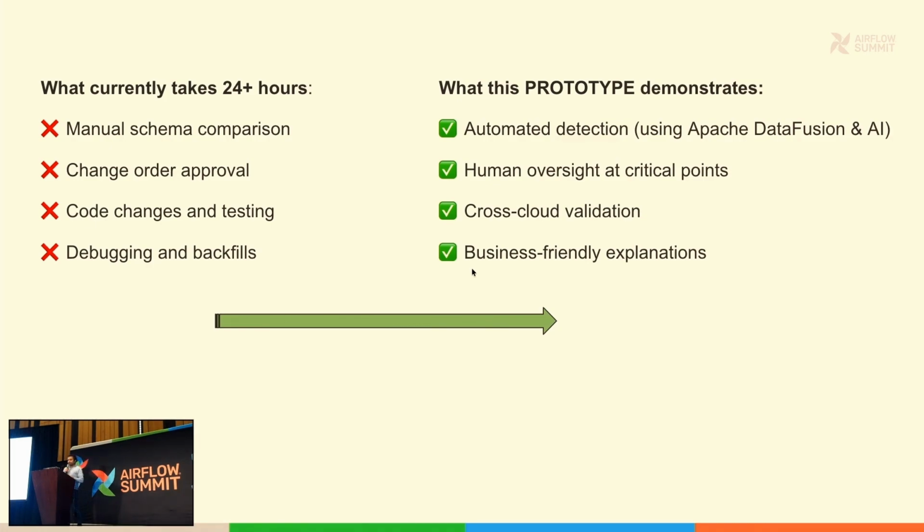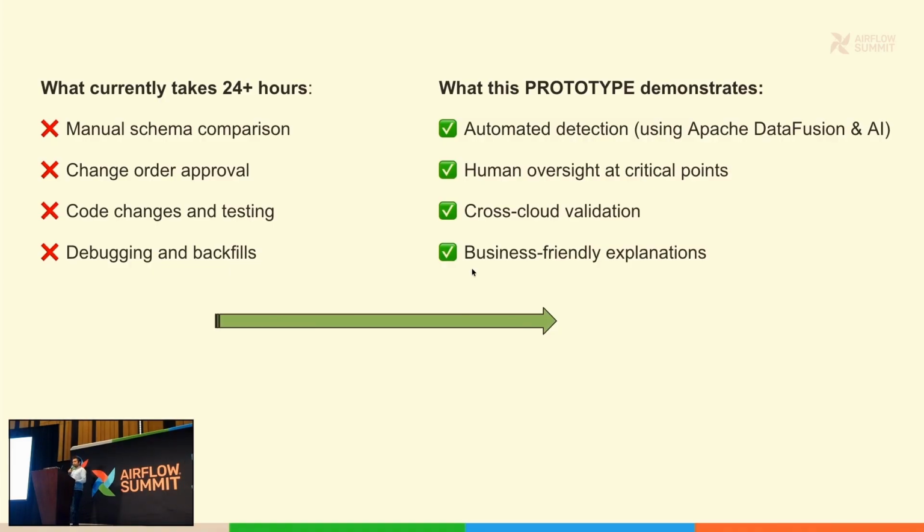What was currently taking 24 hours for him and his team, like manual schema comparison, change order approval, code changes, testing, debugging, backfills, this automatically detects. He showed one example, but imagine there are 10 data producers that have some schema change in their feeds, and that impacts hundreds and thousands of consumers.